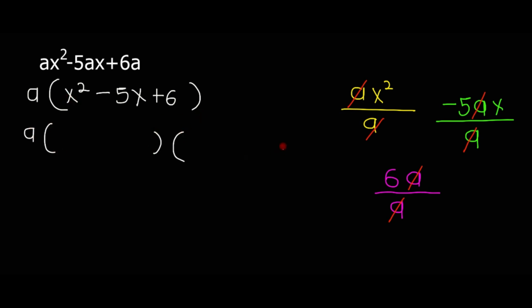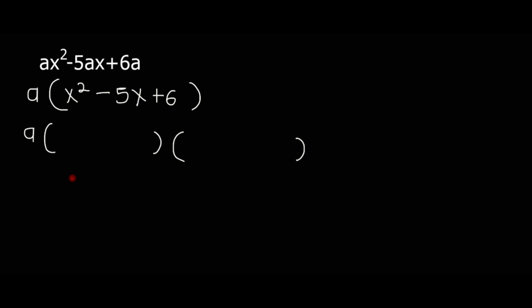We know that we always have 2 brackets, and then in the first bracket we'll have x here, and then here we'll have x, and then we know that we always write the first sign in the first bracket. This means we'll have this sign, and then to get the sign on the next bracket we say negative times positive, and then negative times positive is negative, and then from here we look at our constant which is 6, so we'll look for the factor pairs.